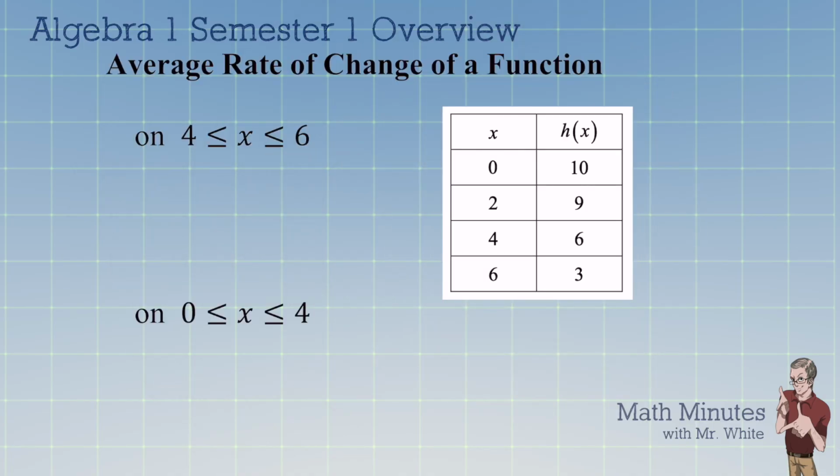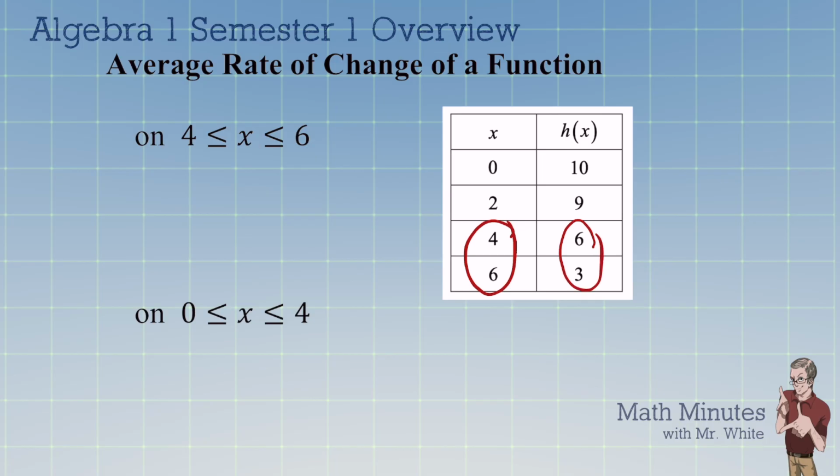Well, now I'm asking you for the average rate of change of a function given a table of information, and I'm saying between x equals 4 and x equals 6. So if we circle it down here, you see it's right here. Here's 4 to 6. So let's see what the y values are doing on this function h of x.